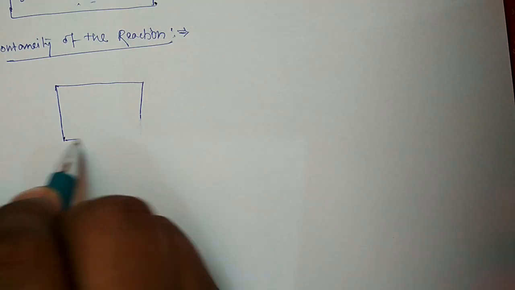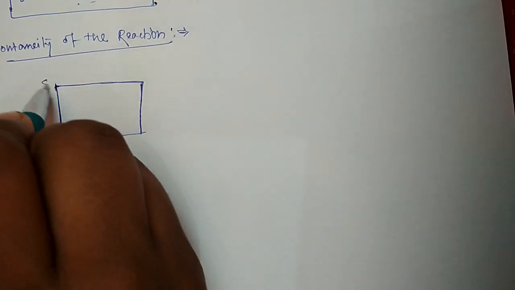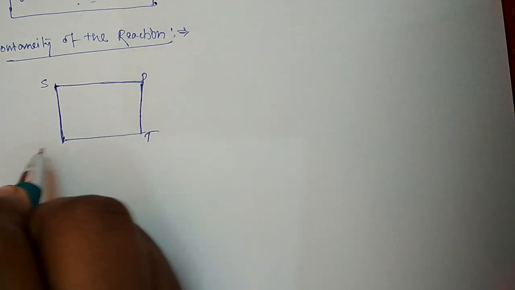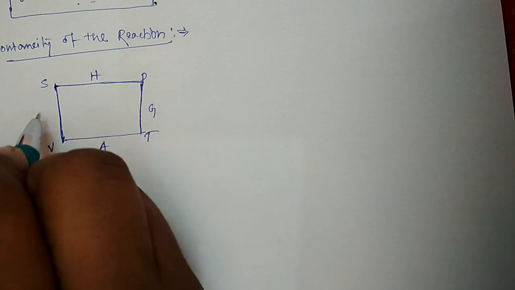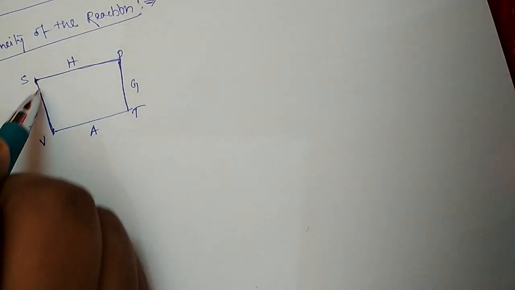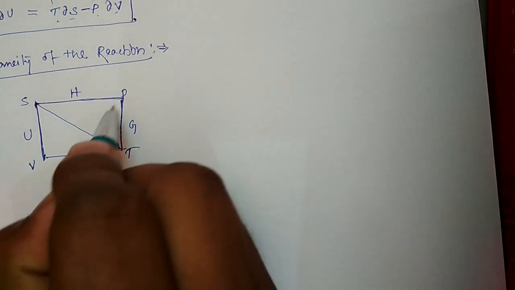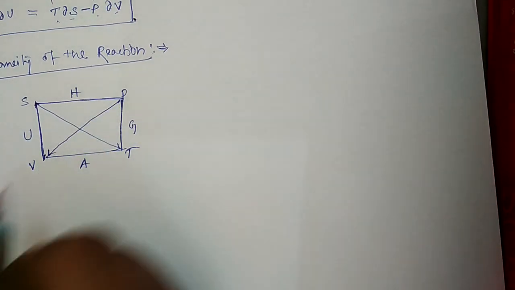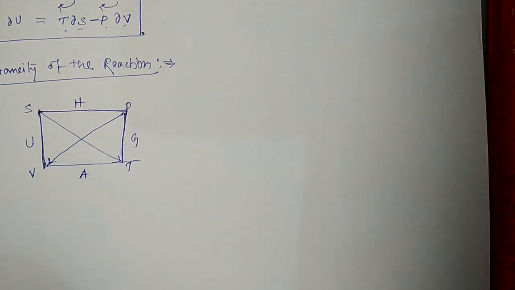This one is the Maxwell circle: S, P, T, V, and H, G, A, and U. And there is one arrow from S to T and another arrow from P to V.